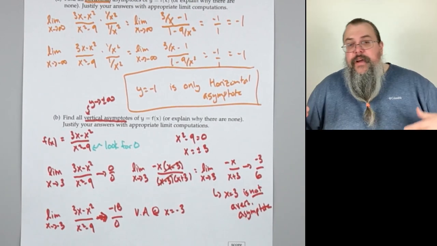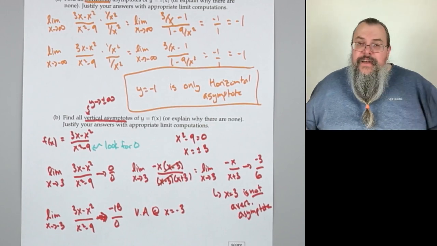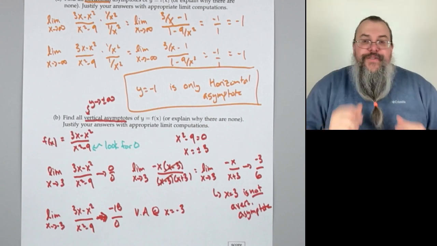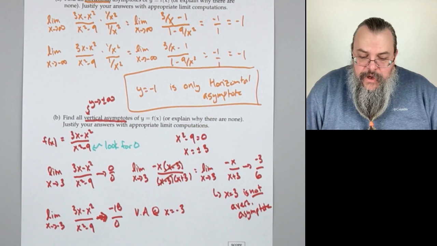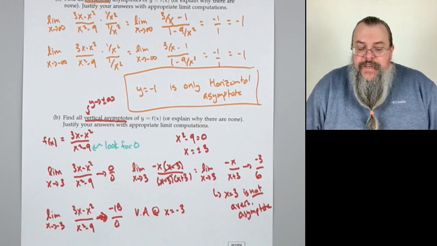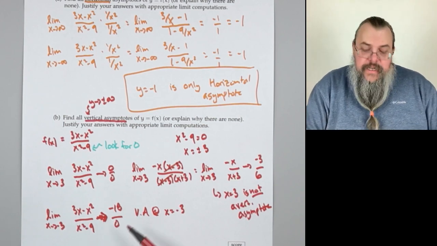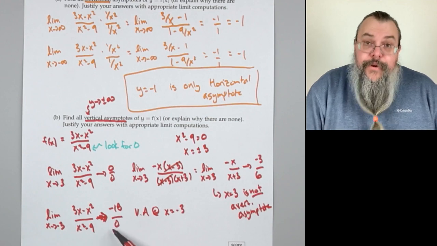Now, we don't have to be more precise. We don't have to say it's going to infinity or it's going to minus infinity. It turns out in this case, it's one of those two, where on one side it goes to positive infinity, one side it goes to negative infinity. We're just asking, where is it? And when you see a non-zero number over 0, that's saying, hey, I have something not close to 0 divided by something close to 0.